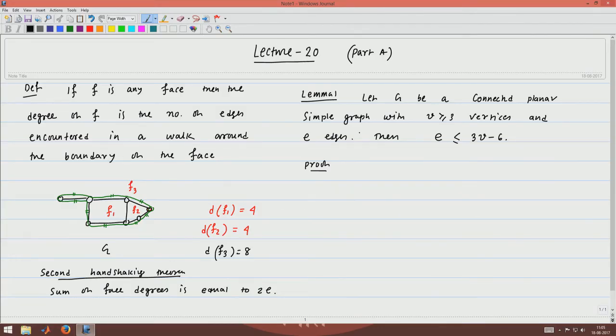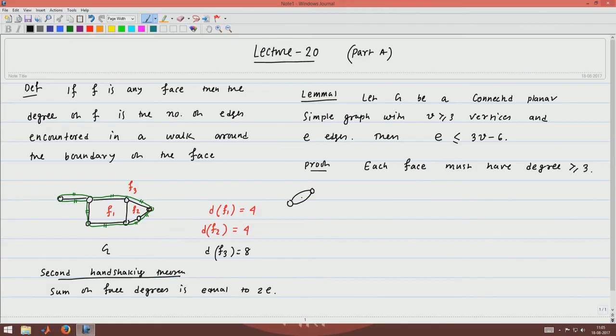Since this is a simple graph, I can say that each face must have degree greater than or equal to 3, because multiple edges are not allowed.